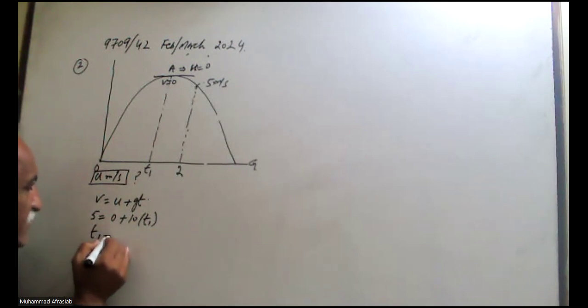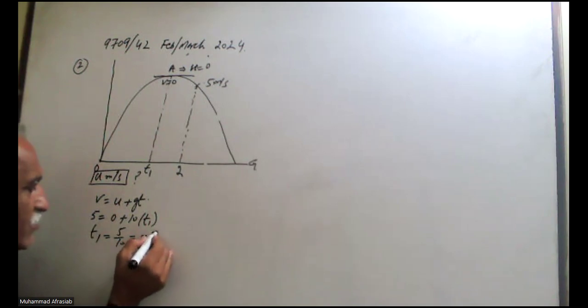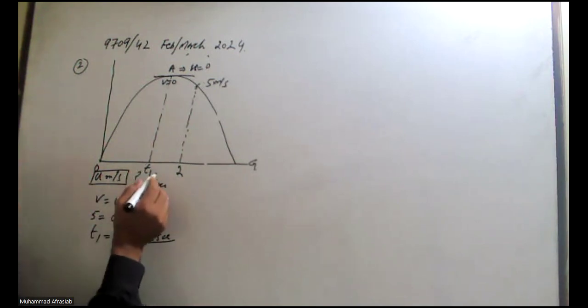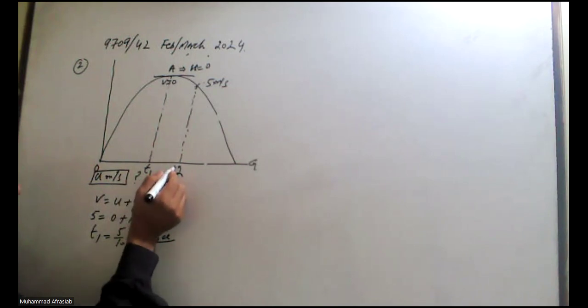So t1 is equal to 5 over 10, which is 0.5 seconds. So this time is 0.5 seconds. From this point to this point, the time will be obtained by subtracting from 2, so this time t1 is 1.5 seconds.